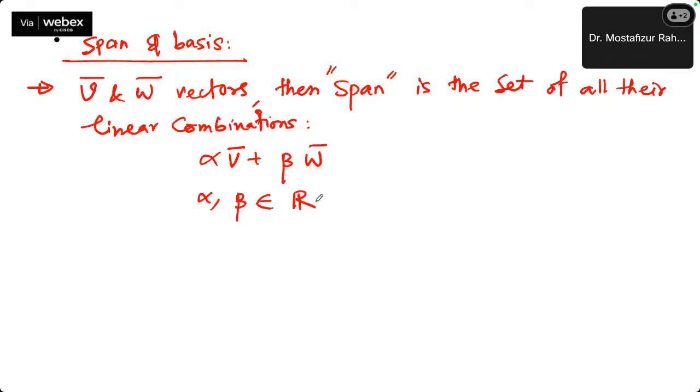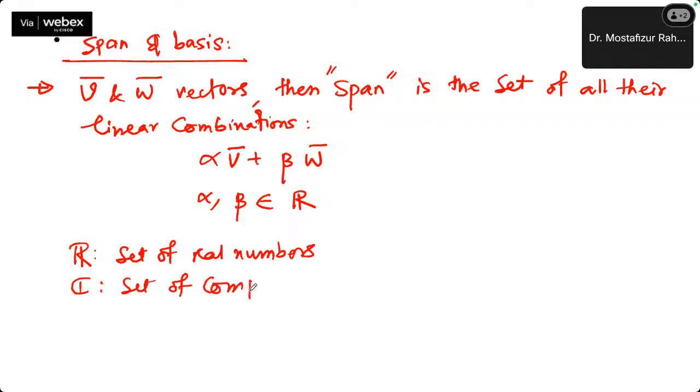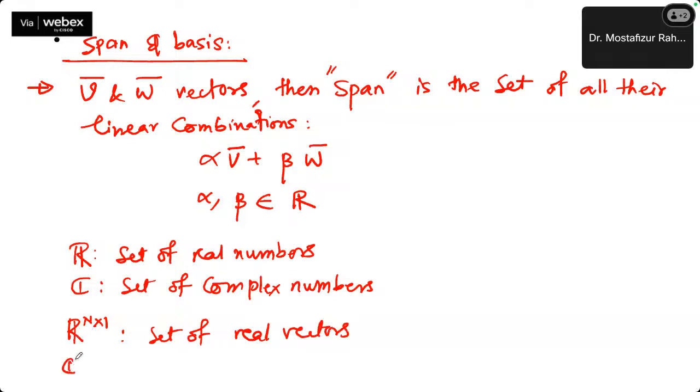I'll be using several notations, so let me introduce some. This is the set of real numbers, this is the set of complex numbers, and R n cross 1 is the set of real vectors. Similarly, C n cross 1 is the set of complex vectors.